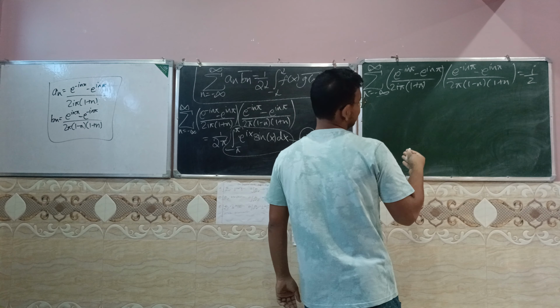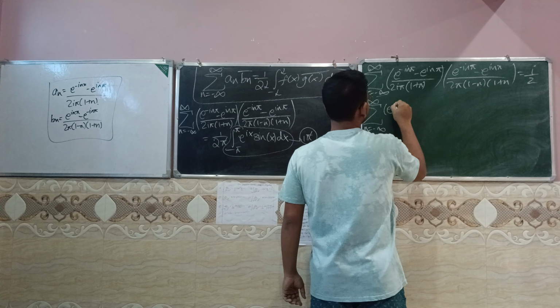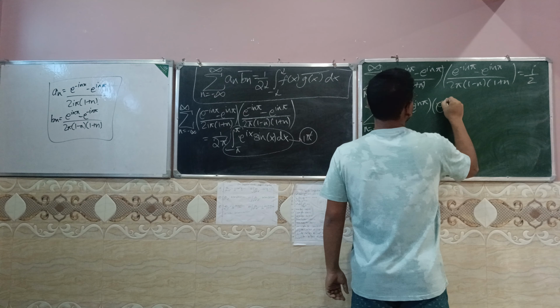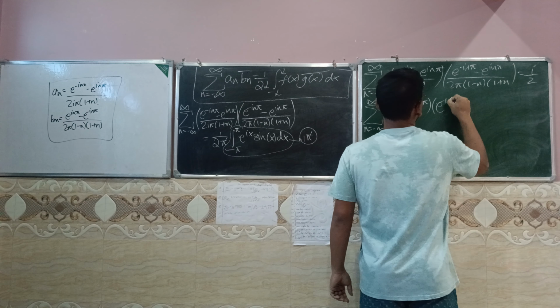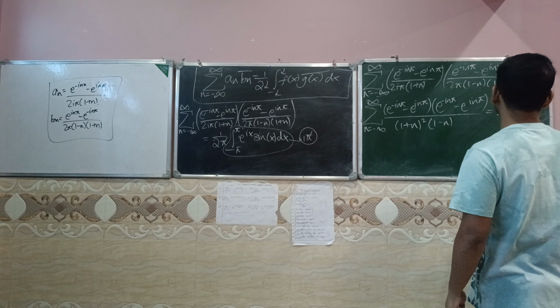So basically the sum is gonna be e to the i n pi times e to the minus i n pi, minus e to the minus i n pi, over (1 plus n) whole squared times (1 minus n), and it is coming out to be 4 pi squared i, and i squared as well, because i times i, over 2.